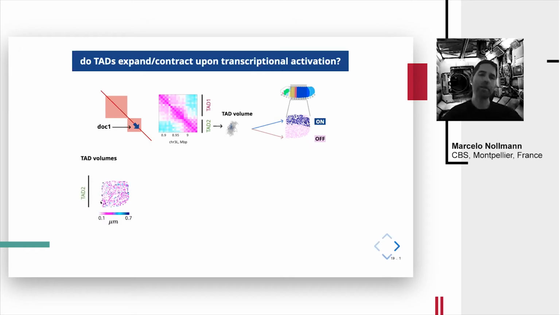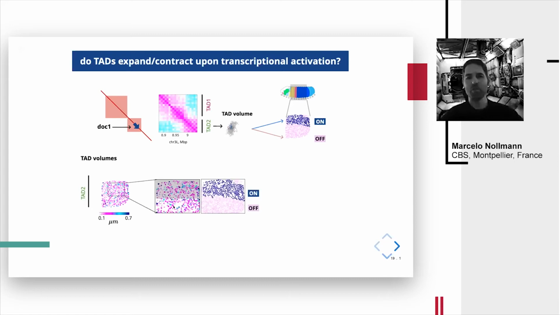So the way of representing this data is as follows. I show you here again part of the Drosophila embryo. Each of these dots here is a different cell, and the color represents the size of that dot. Right? So if you zoom in, you see straight away that there is a very high degree of heterogeneity. You have many cells where this dot is very small, and many cells where this dot is very large.